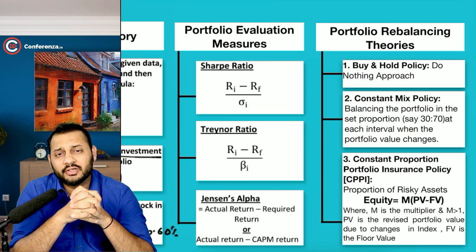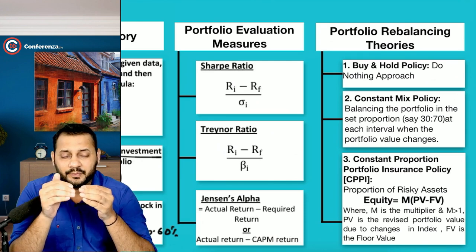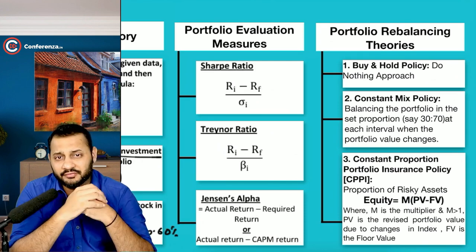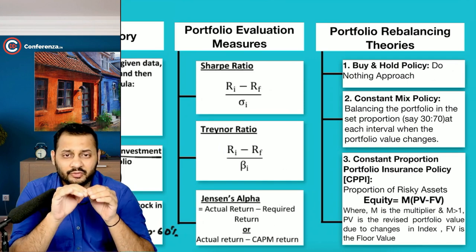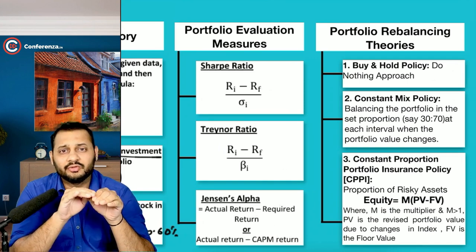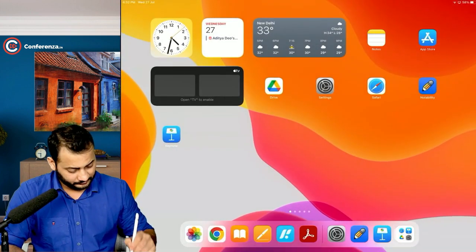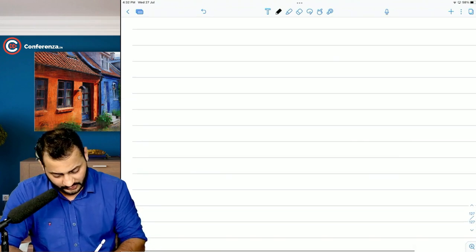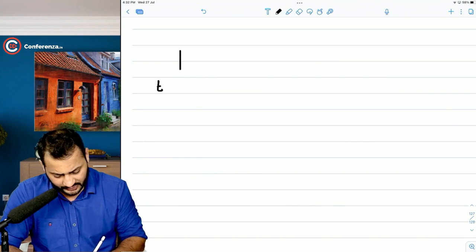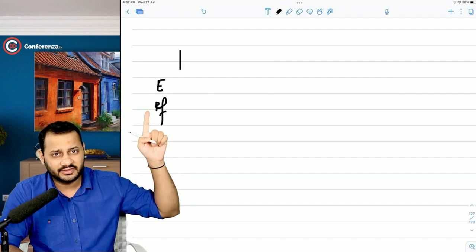After a particular point, let's say after a month or so, the prices of the equity shares you had invested in will change, and if you now calculate, the ratio will also change. Let me take you to an example first. This is the starting point at which you have invested in equity shares and risk-free securities: 3.5 lakh in the risky investment and 1.5 lakh in the risk-free investment.